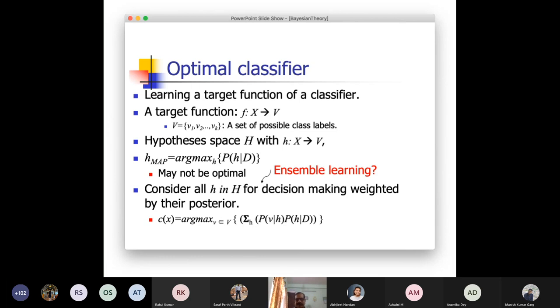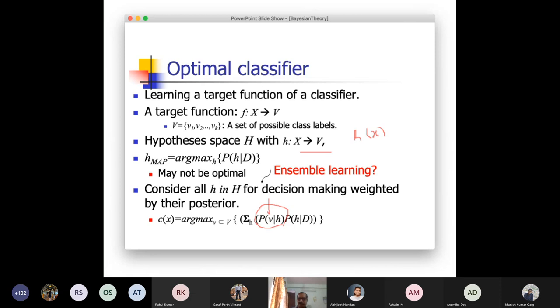In this case, instead of h(x), this is the context of classification. In my previous case, I considered h(x) as the simple way of giving the labels. But here we have this probabilistic argument, that is, the probability of a label given h.